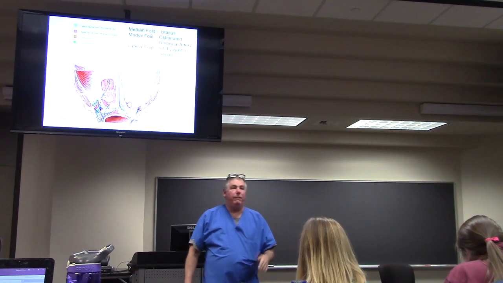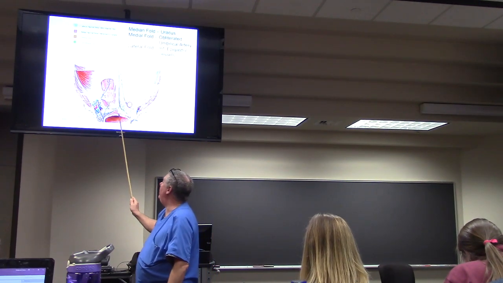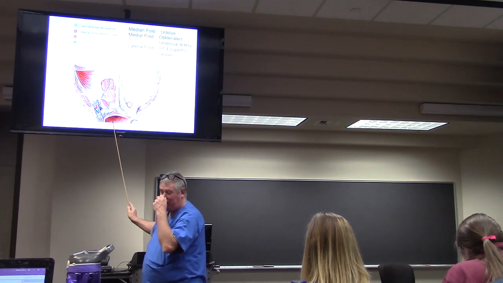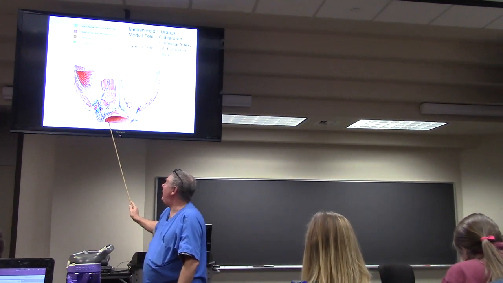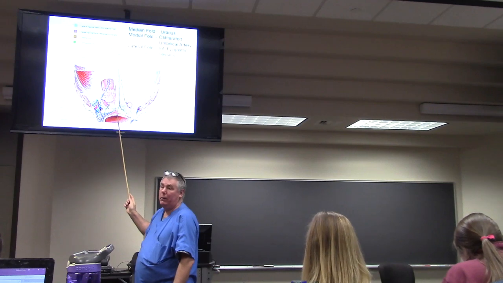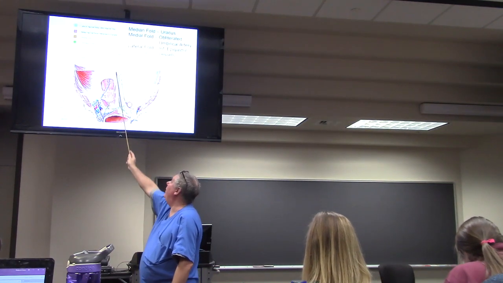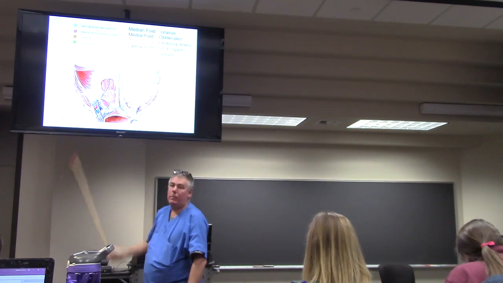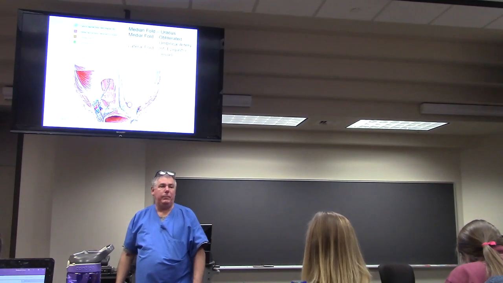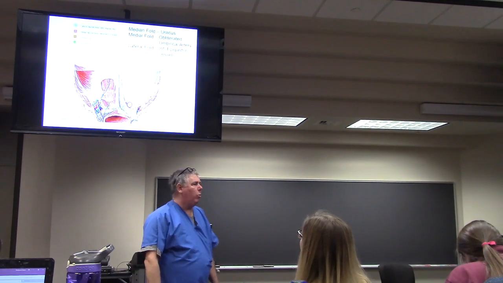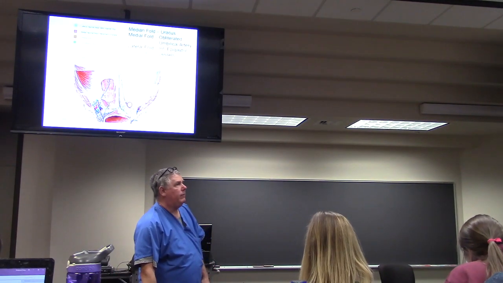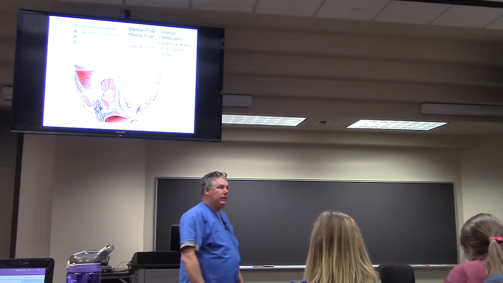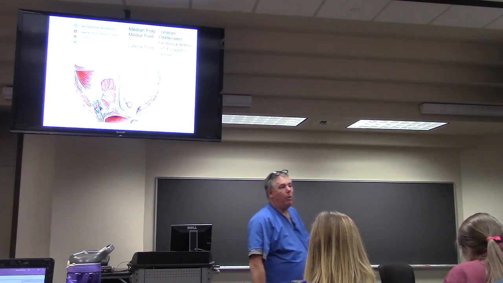There's a midline fold called the median umbilical fold that connects the top of the bladder with your belly button. The median umbilical fold is an embryological remnant of a structure called the urachus. I'll talk about this more tomorrow.